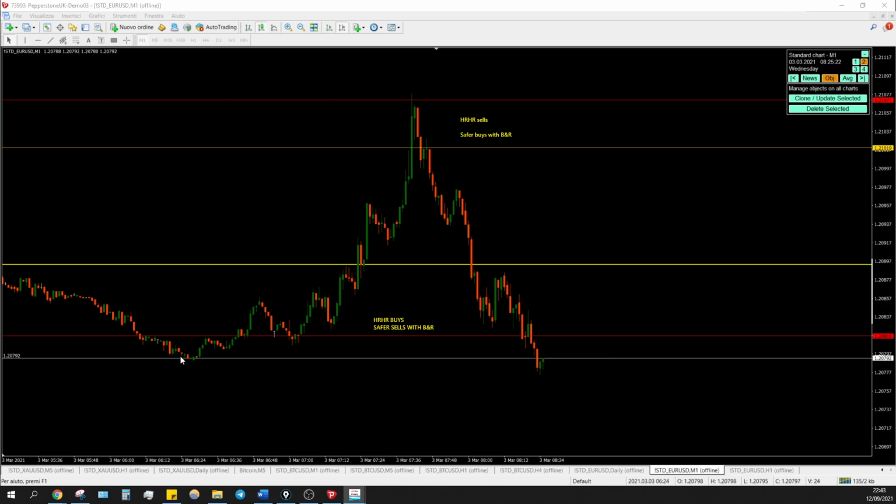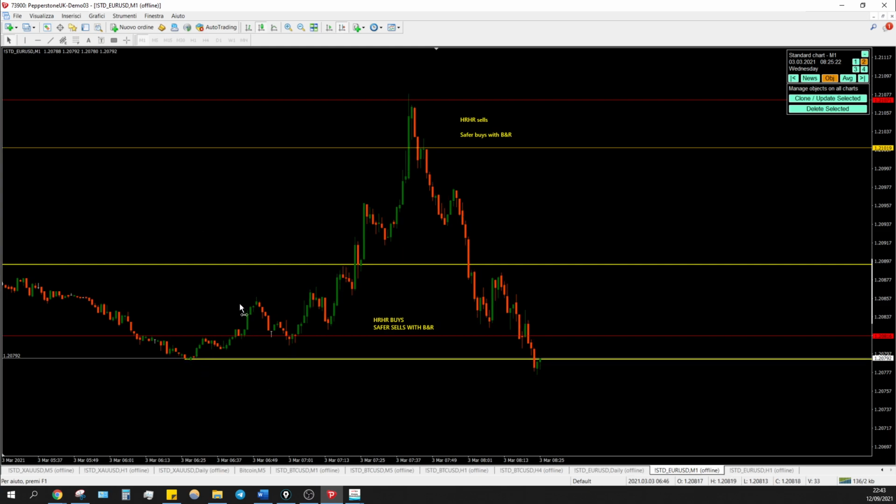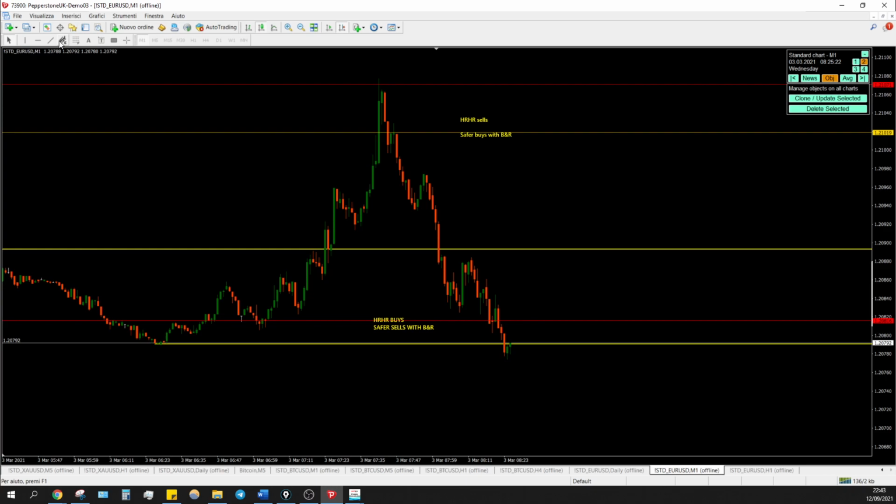Let's see if we make a retest of this level, or above of the PSA. Not up weak.